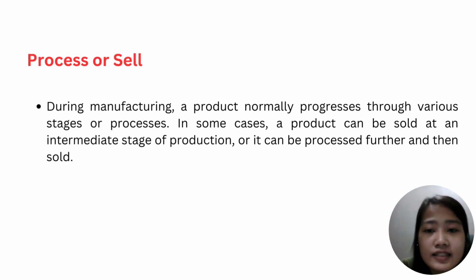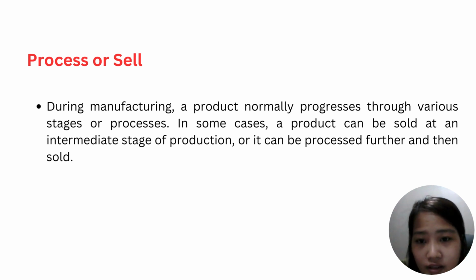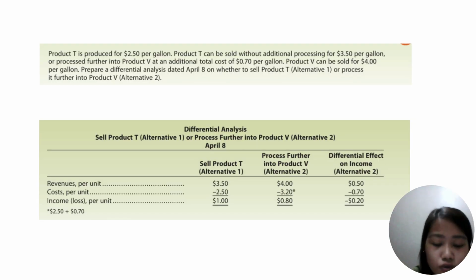Another differential analysis is the process or sell. So during manufacturing, a product normally progresses through various stages or processes. In some cases, a product can be sold at an intermediate stage of production, or it can be processed further and then sold. So next, we go to the process or sell example. So product T is produced for 2.50 per gallon.